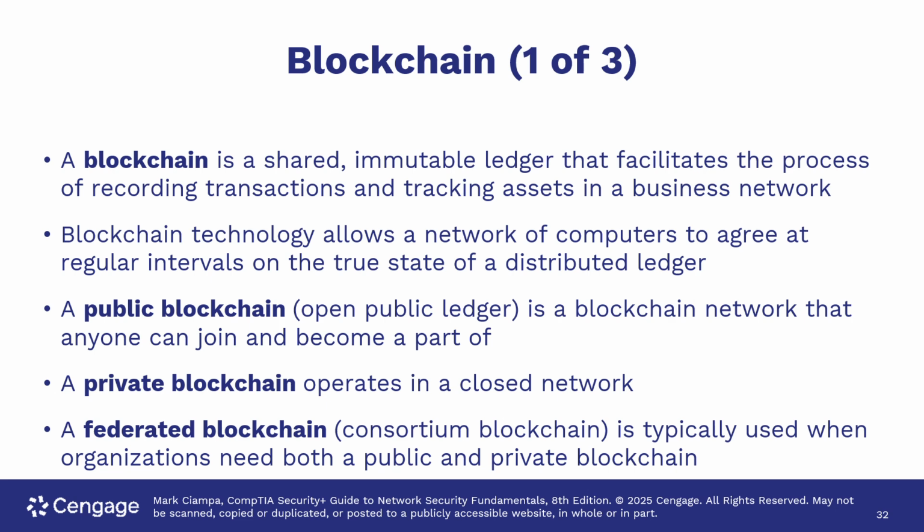A public blockchain, or open public ledger, is a blockchain network that anyone can join and become part of. A private blockchain operates on a closed network. A federated blockchain, like a consortium blockchain, is typically used when organizations need both a private and public blockchain.